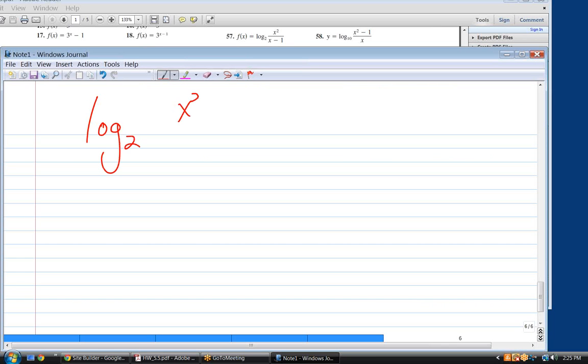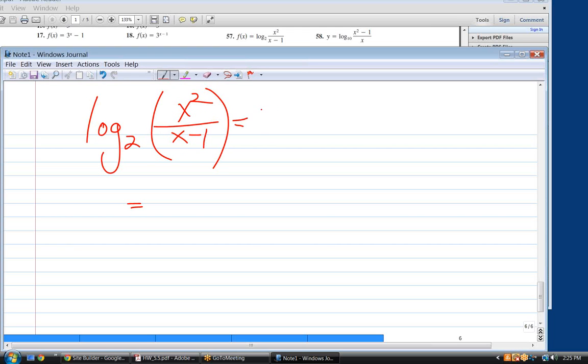Log base 2 of x squared divided by x minus 1. So then, for this, would step 1 be using the properties of logs to break it into log base 2 of x squared minus log base 2 of x minus 1? Yeah, that would actually make it easier, because if we were to do it straight away, we could certainly do it, but then we're going to have to take the derivative of the inside, meaning applying the quotient rule, which gets very complicated.